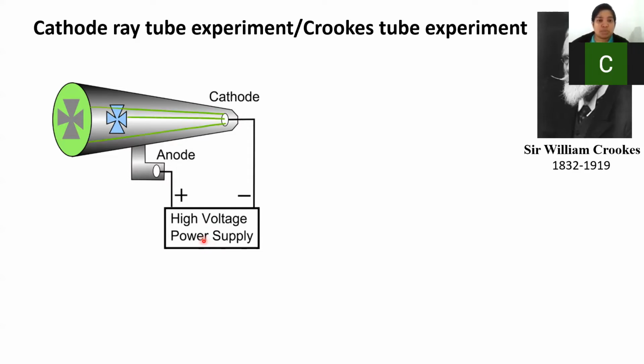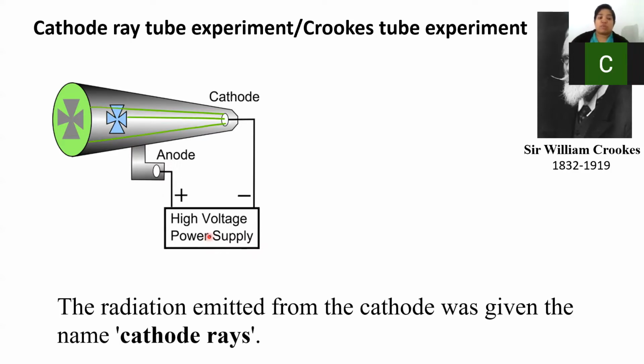So he saw something moving from cathode to anode. Since it was moving from cathode to anode, he called it cathode rays, because as he saw it, these rays originated from the cathode.